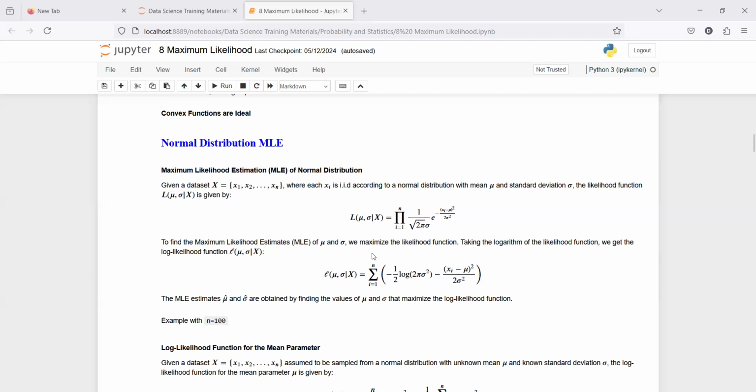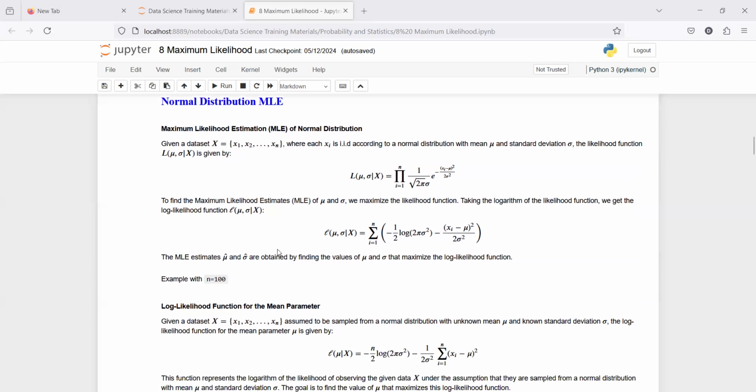Now, if we take the log of e to the negative x minus mu, it's just this term here, and the log of this other term is negative one-half log of 2 pi sigma squared. The MLE estimates mu hat and sigma hat are obtained by finding the values of mu and sigma that maximize the log likelihood function.